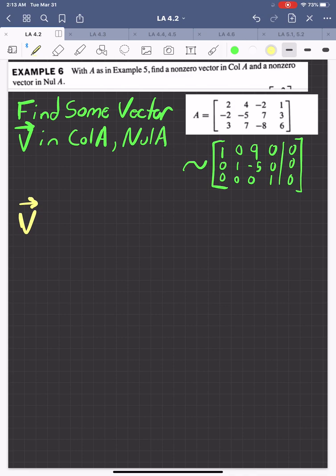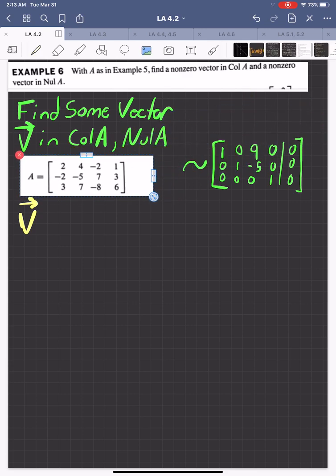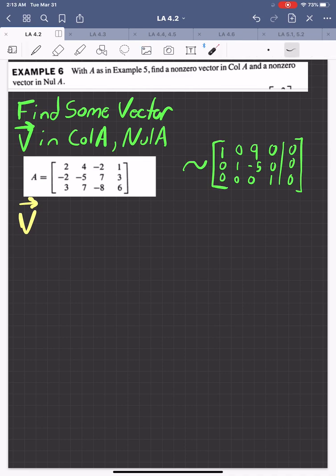Column spaces are very easy. Each vector in the column space is just representing the columns of your matrix, so it's very easy for you to find some vector.